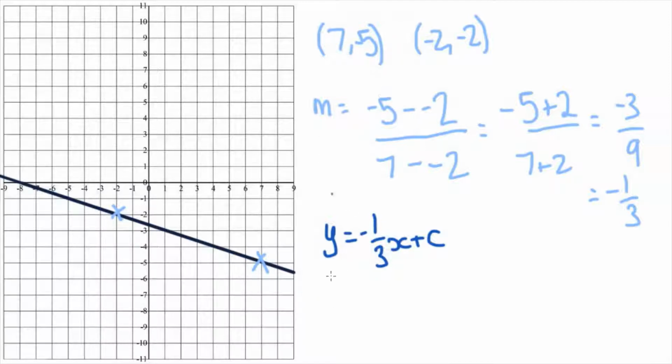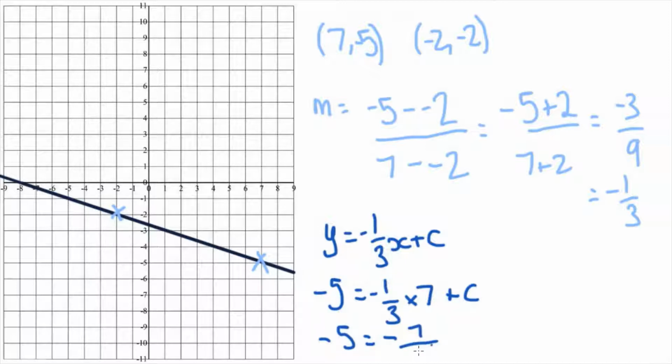So substituting in, the y coordinate here is minus 5 and the x coordinate here is 7. So we're just going to multiply that by 7 plus c. Alright, so now we just need to do some rearranging to find what c is. So we get that minus 5 is equal to minus 7 over 3 plus c.